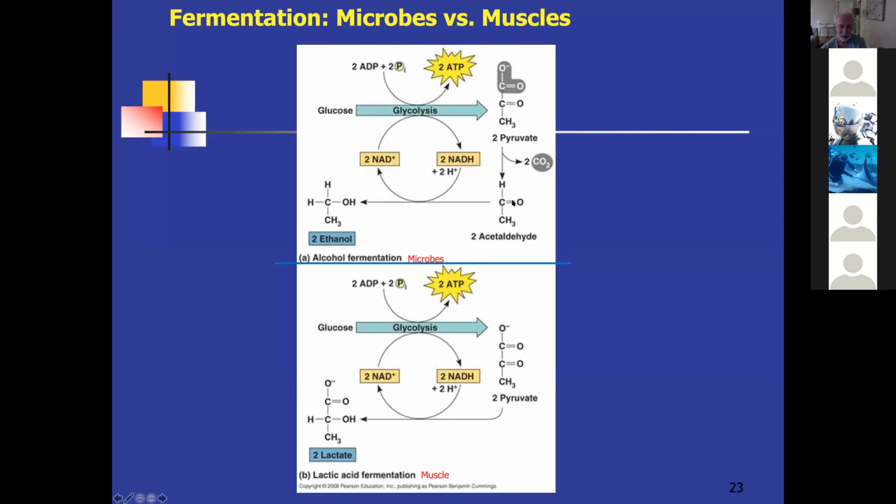You go from a 3-carbon to a 2-carbon to a 2-carbon. Whereas in muscle, you don't have this intermediate step, acetaldehyde. You go directly glucose, pyruvate, lactate, with the release of the ATP that your muscles so badly need.